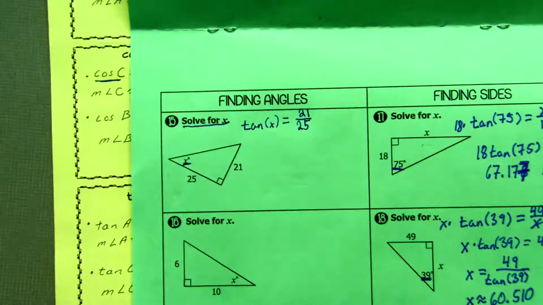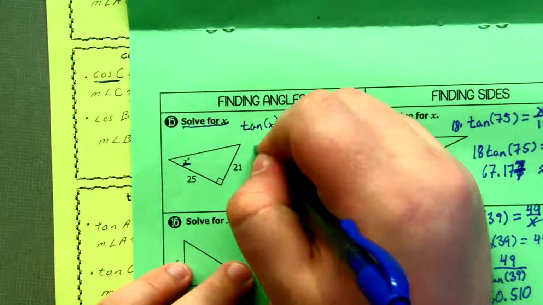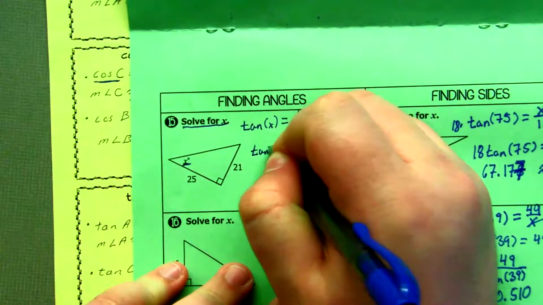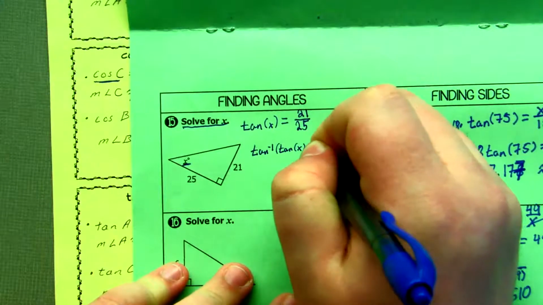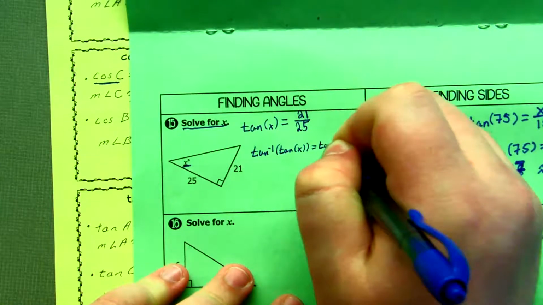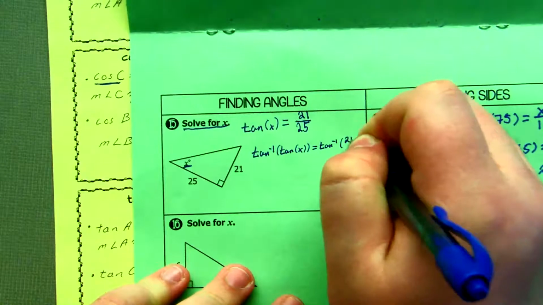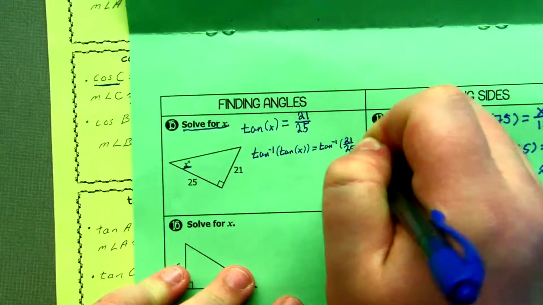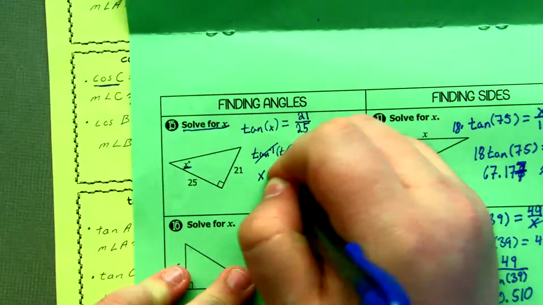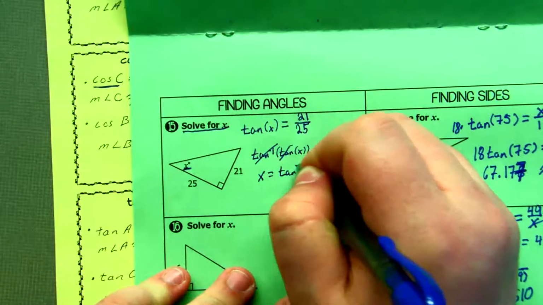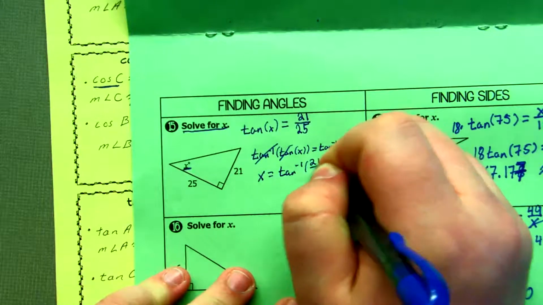The next step we do is we inverse both sides. And when we inverse both sides, again, the stuff on the left cancels. We're left with x equals inverse tangent of 21 over 25.